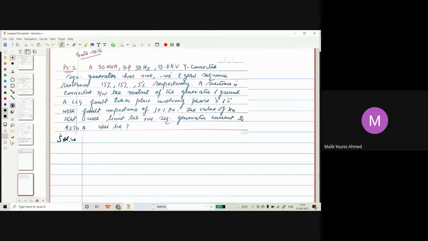If you know the sequence network, let me draw the sequence network for your reference again. So the sequence network will be like this. Yesterday only I have drawn it, I think, so you should remember this.